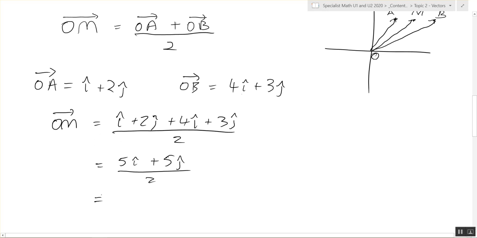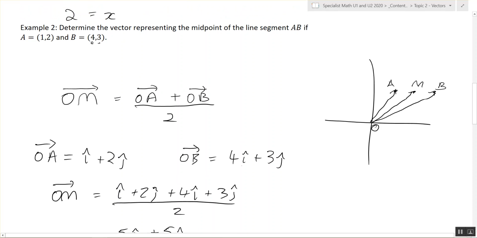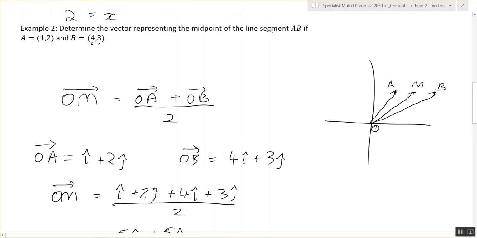So the final answer, the midpoint, is 5 over 2 i plus 5 over 2 j. So that's the midpoint, the middle of the line segment A, B.